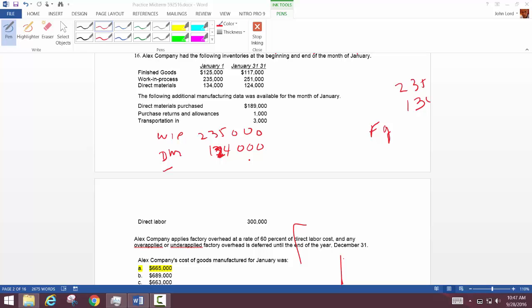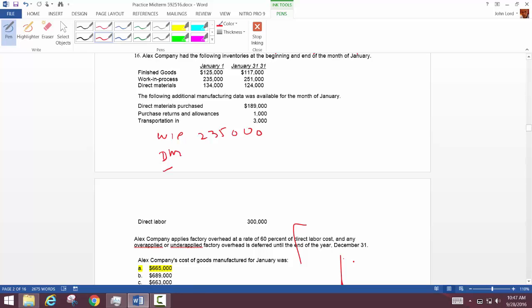But I've got to analyze raw materials here to get the amount of raw materials that were added to work in progress, because my adds to work in progress are going to be my direct labor, my manufacturing overhead, and my direct materials. But I can't get direct materials unless I analyze raw materials, right? So raw material has a beginning balance. I'm going to help you with raw material, and then you can go from there.